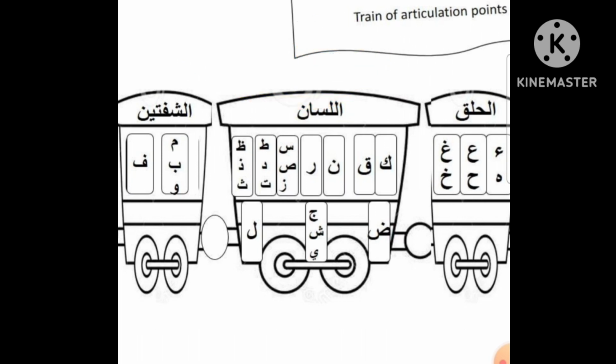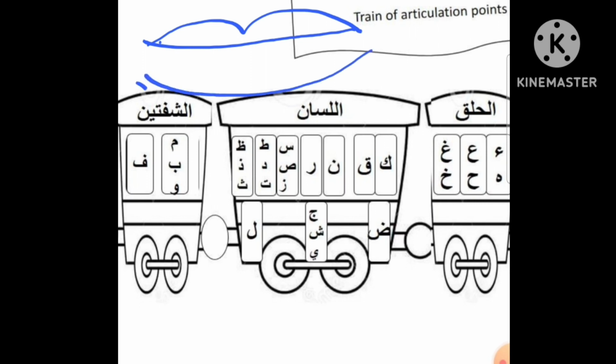I will draw it more clearly for you. These are your lips. This is your upper lip, this is your lower lip. Then you have the upper two teeth. So this is the tip. When you laugh, the tip is visible. So this is the tip of your teeth.